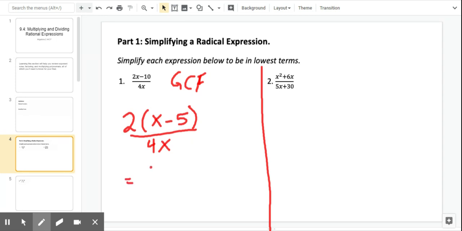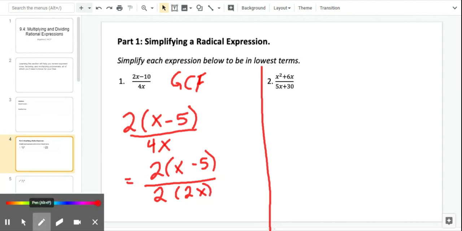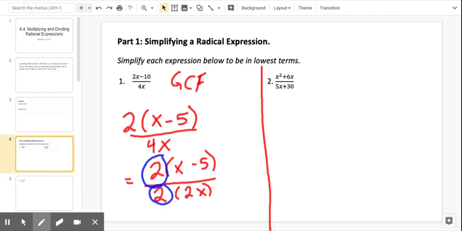If we factor a 2 out of the denominator, you can factor a 2 out of 4, so you'd have 2 times 2x. And that's exactly what we want, because now we have a common factor in the numerator and denominator, which means we can cancel them out. Now what we're left with is just x minus 5 over 2x.